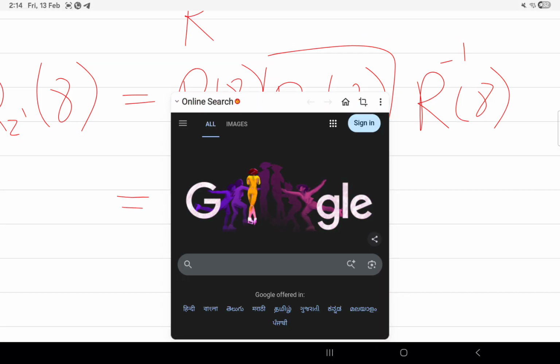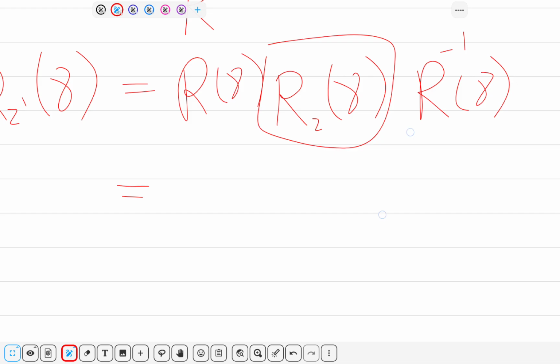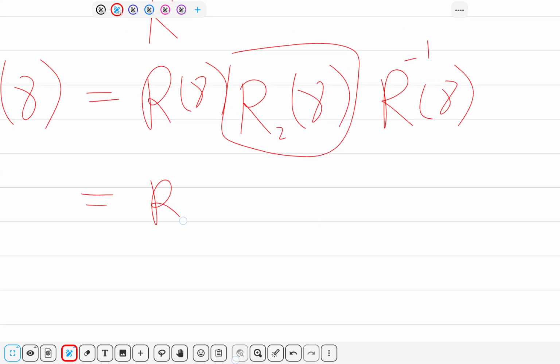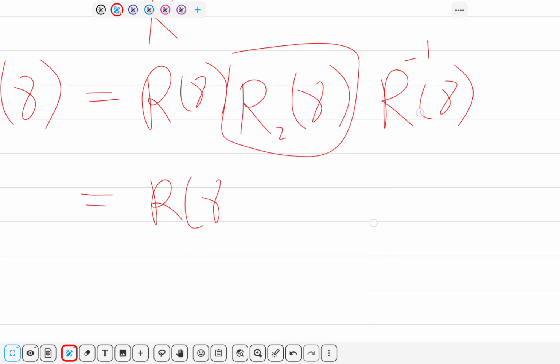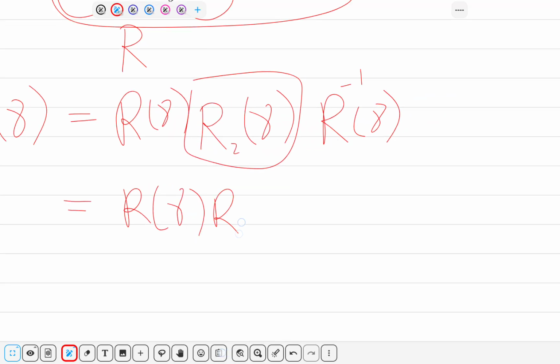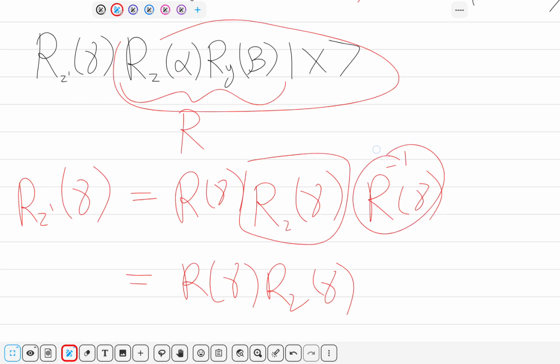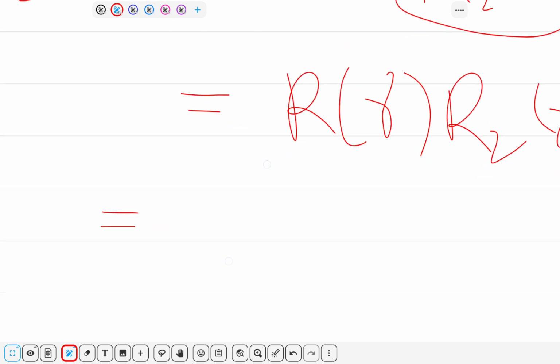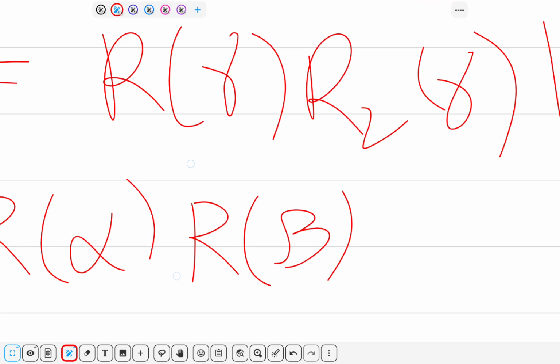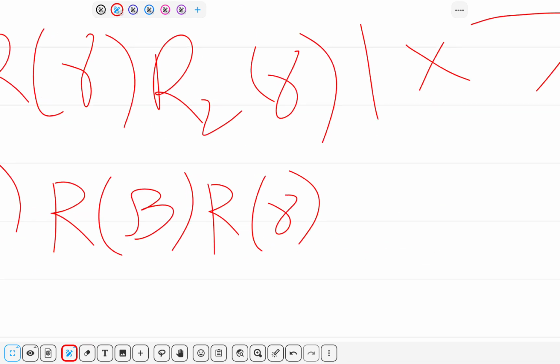This will give us R of gamma, Rz of gamma, and since this and this inverse cancel each other, you just have x. So basically you will get R of alpha, R of beta, R of gamma, and this is x.